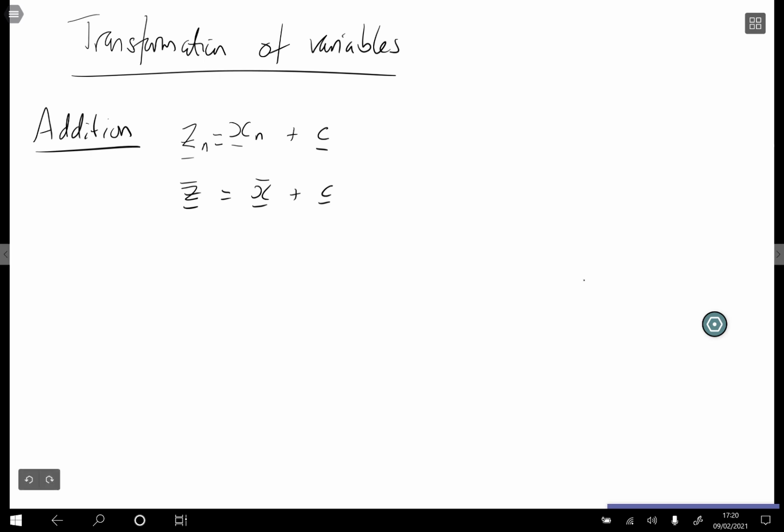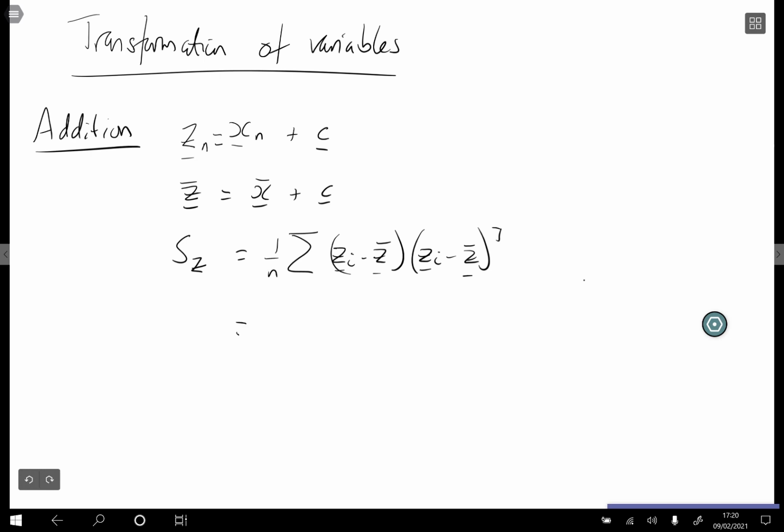And so when we work out the covariance matrix of z, that is just going to be the sum of zi minus z bar, zi minus z bar transposed, times 1 over n.